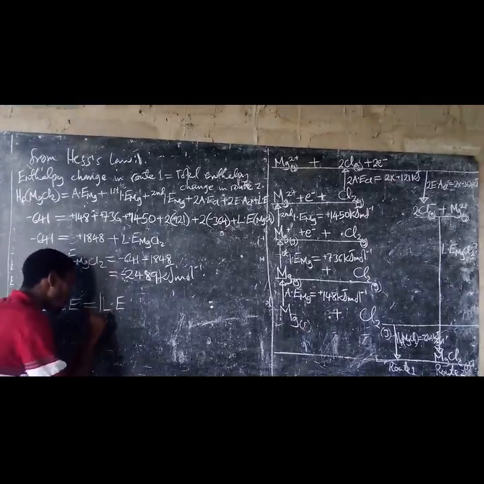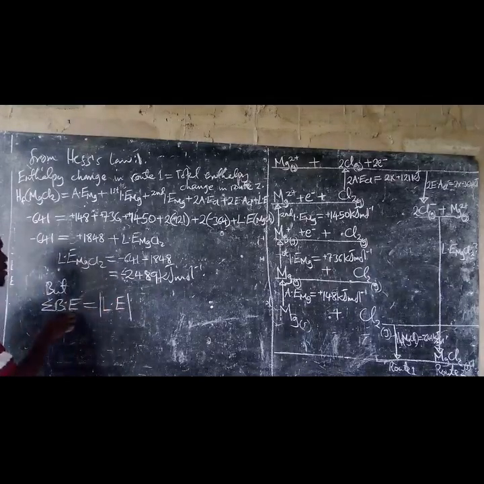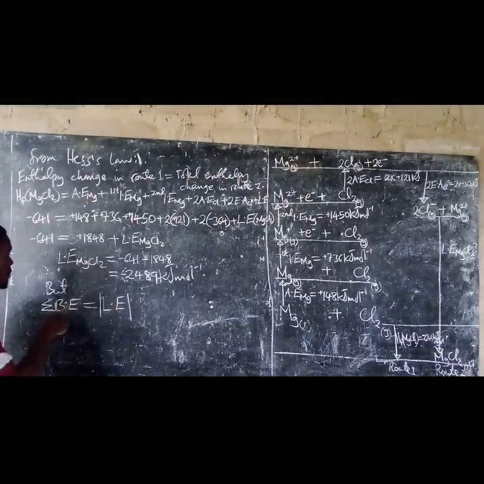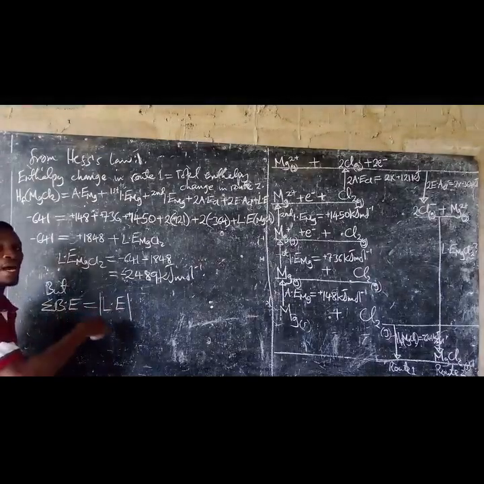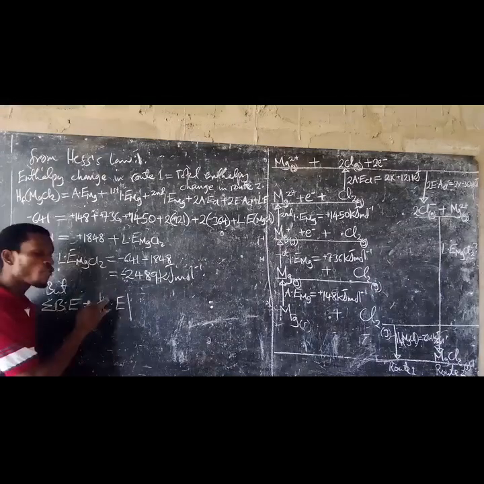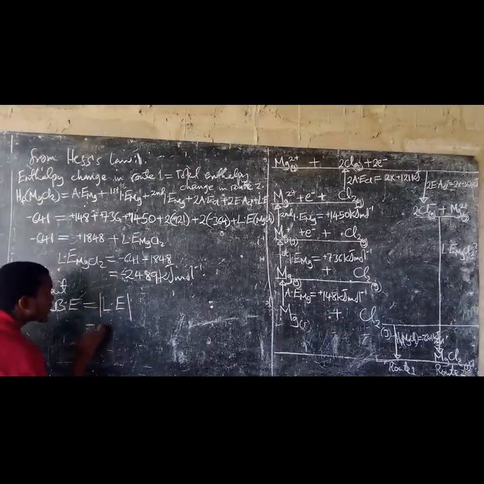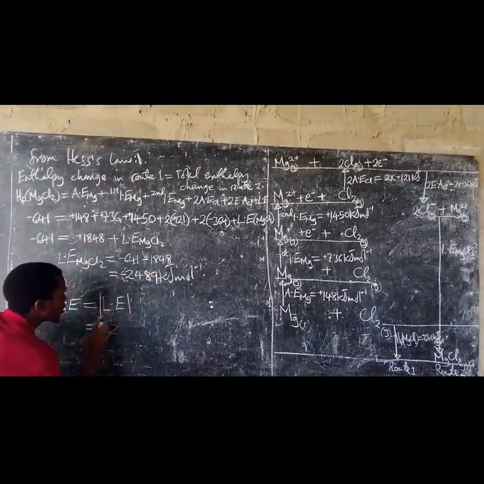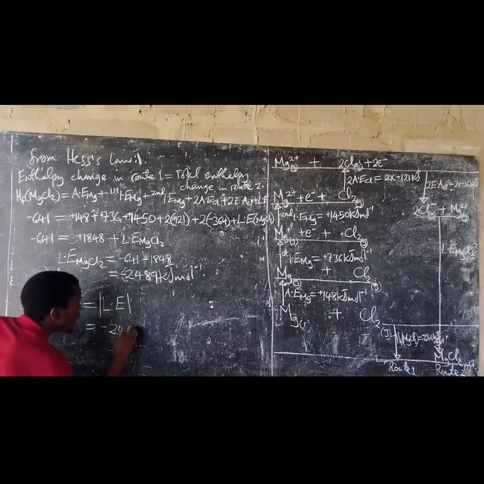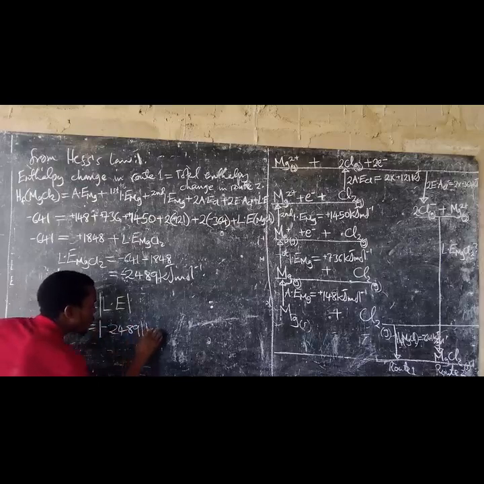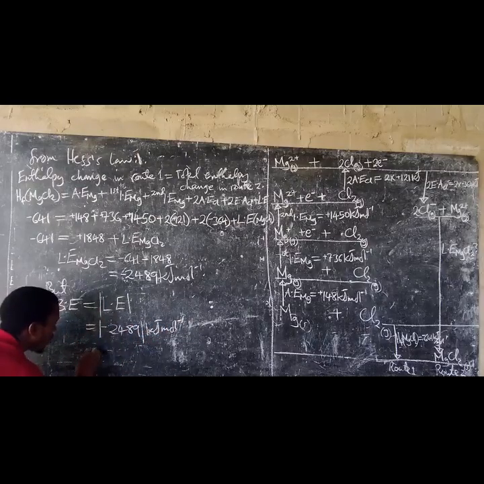So the sum of the bond energies is equal to the absolute value of the lattice energy. Now, the lattice energy is negative 2,489 kilojoules per mole.